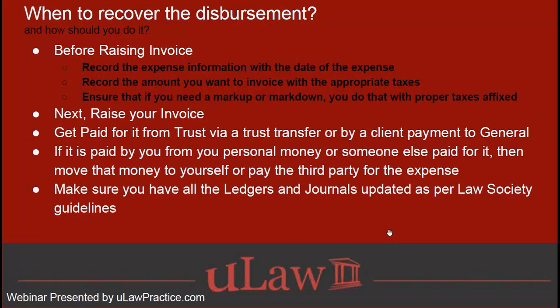Okay, so all this information gets into those wonderful documents of ledgers and journals that are then required by the Law Society as part of the bookkeeping guidelines for the audit. So once you create a certain method to the madness and a way you go about doing things, it's going to be much simpler and easier.